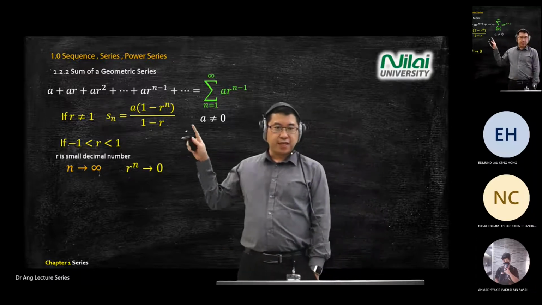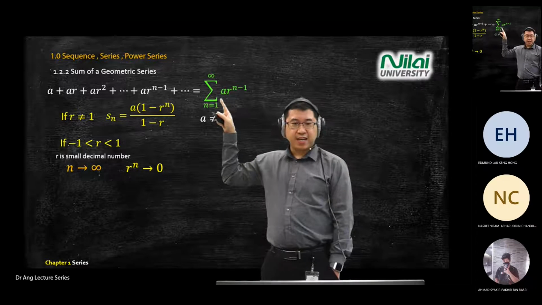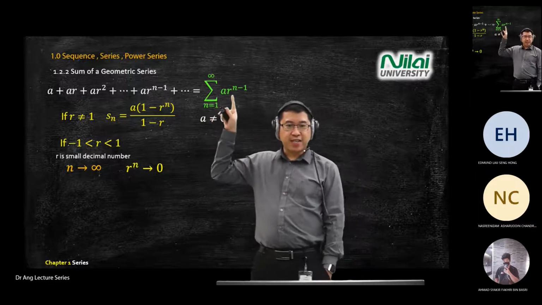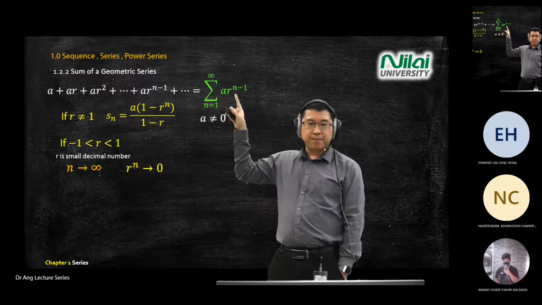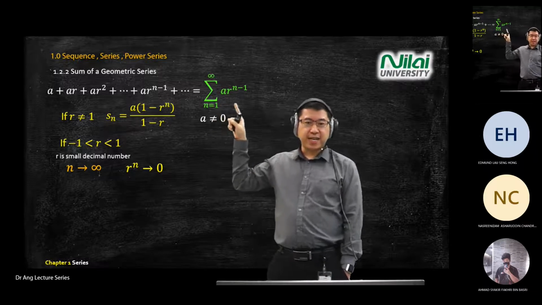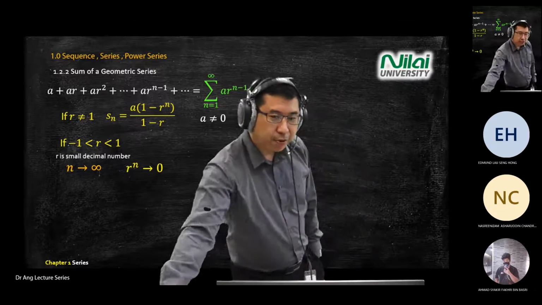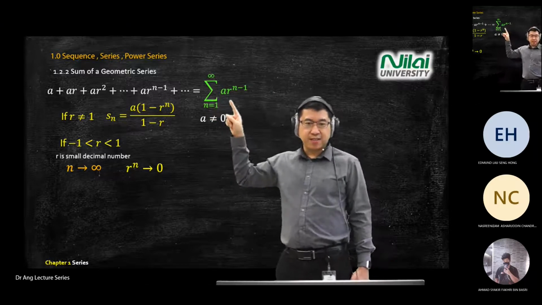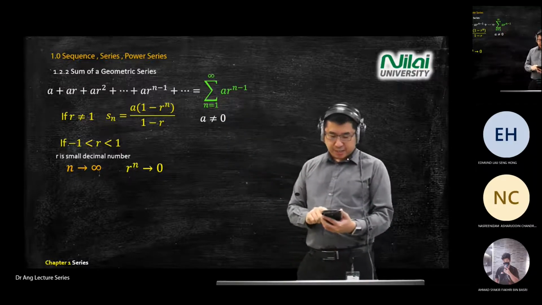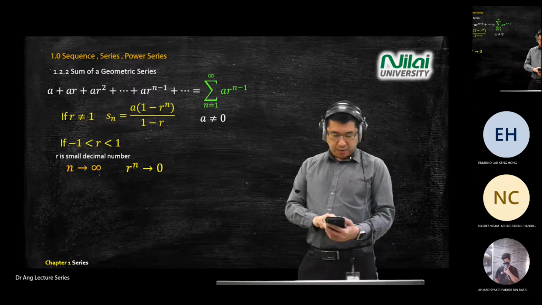Look at this equation: if you substitute R as 0.999 and increase n to infinity, try pressing your calculator: 0.999 to the power of, let's say, 1000.